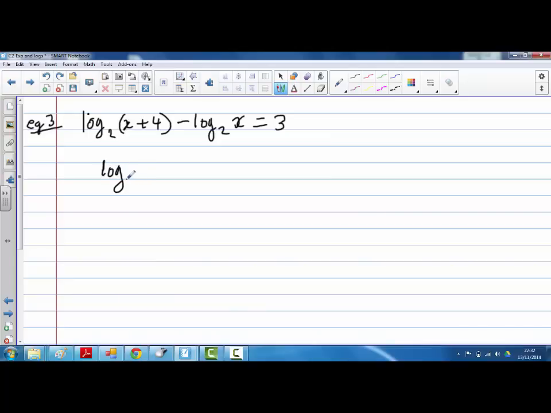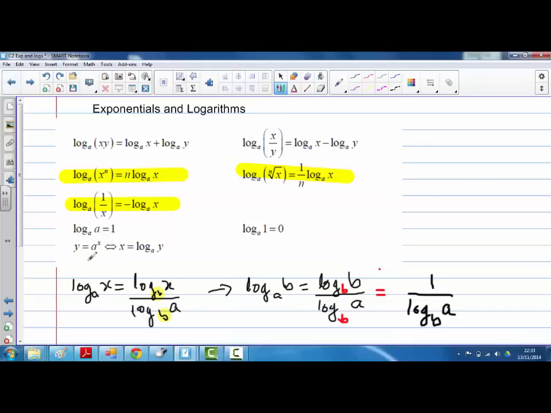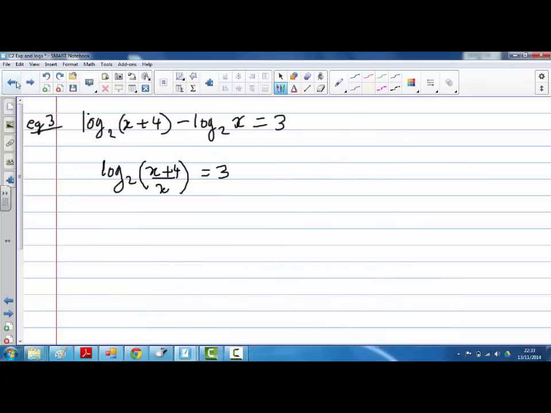Right, so we've got log. I'm going to use the division law here because obviously it's subtraction. So I've got (x + 4)/x equals 3, and I know from the two formulas which imply each other that this would therefore imply that 2 to the power of 3 equals (x + 4)/x.